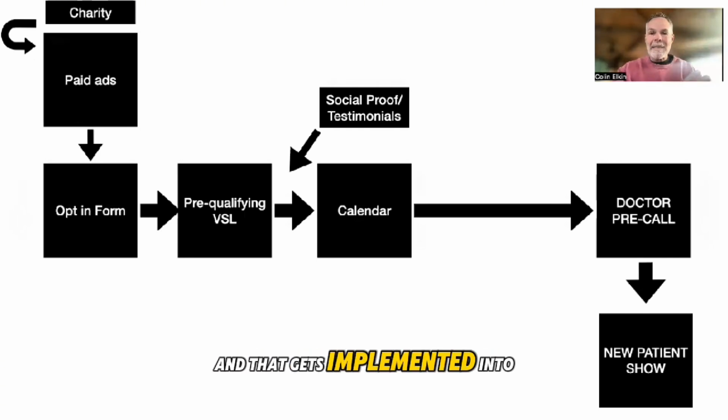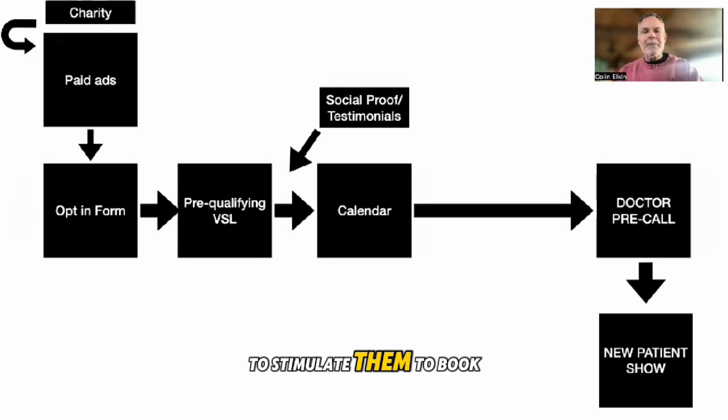And that gets implemented into this whole funnel so that these people get this video testimonial. And again, it's another call to action to stimulate them to book an appointment.